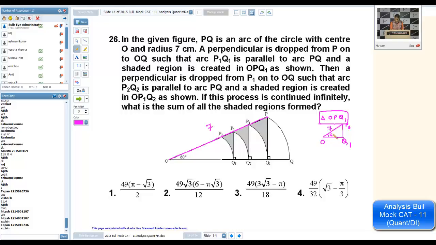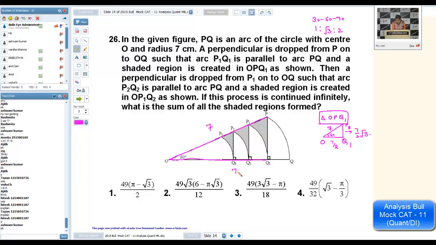This angle is given as 60. As we know, whenever we have a 30, 60, 90 triangle, the ratio should be 1:√3:2. So opposite to 90, we have 7. Opposite to 30, we have 7/2. And this is 7/2√3. The ratio should always be maintained. Is it okay? So OQ1 is nothing but 7/2.